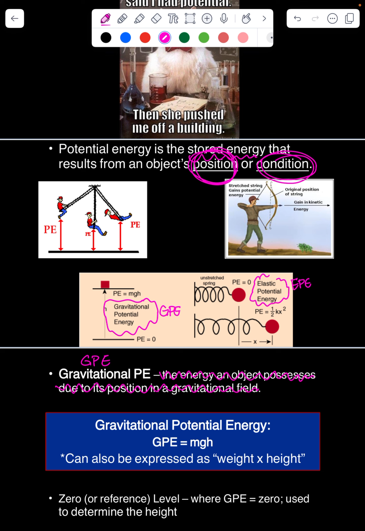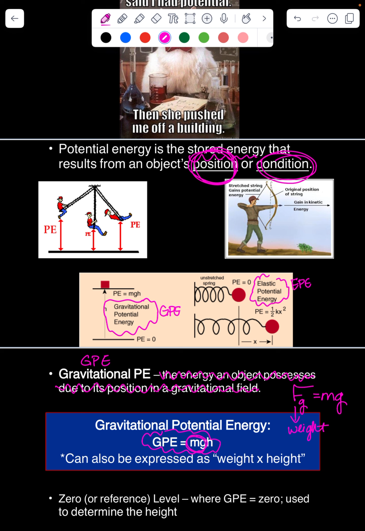Our equation for gravitational potential energy is mgh, where m is mass, g is acceleration due to gravity, and h is height. We should recognize this mg, because we know that Fg, the force of gravity, is equal to mg and is another name for weight.